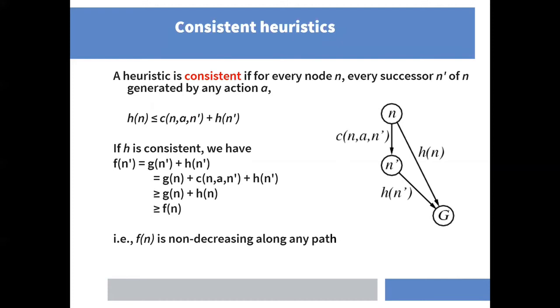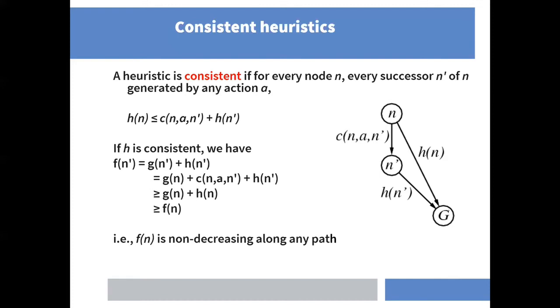A heuristic h(n) is consistent if for every node n and every successor n' of n generated by any action a, the estimated cost of reaching the goal from n is less than or equal to the step cost of getting to n' plus the estimated cost of reaching the goal from n'.